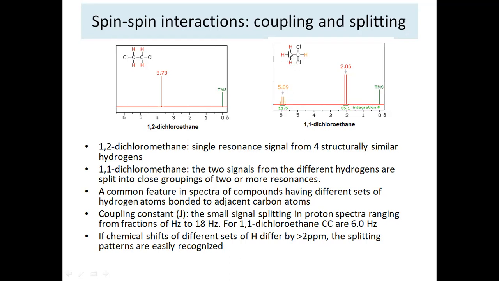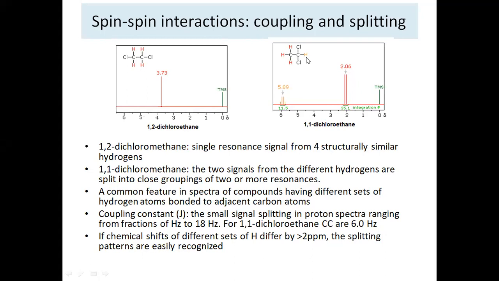Can you see that they are all similar? And one hydrogen, shown in orange or yellow color, is bonded to the carbon which is itself bonded to chlorine atoms. So this is a different hydrogen. So in 1,1-dichloroethane, there are two types of hydrogen atoms.